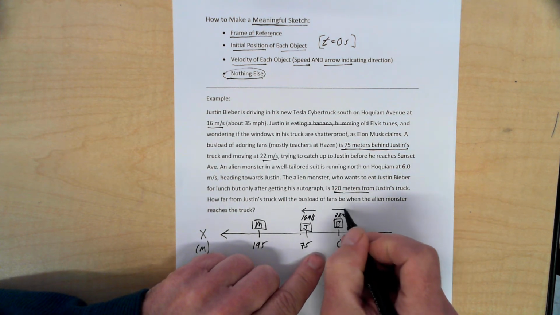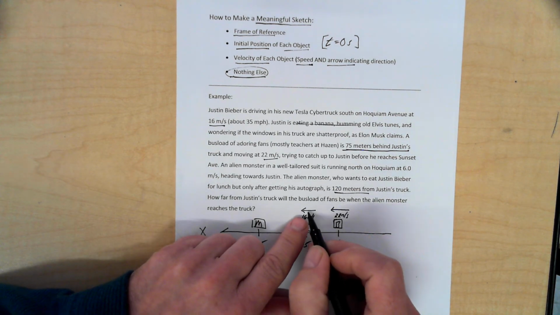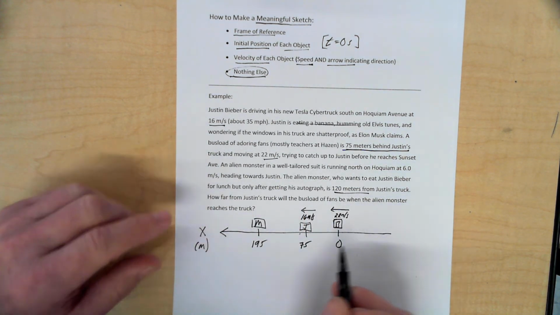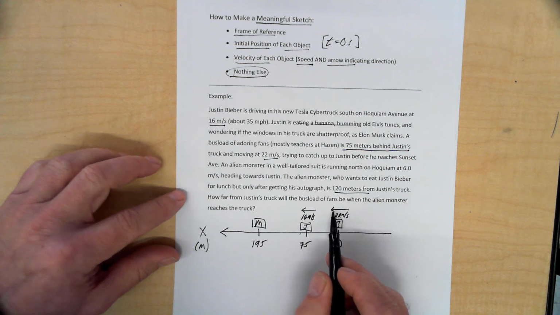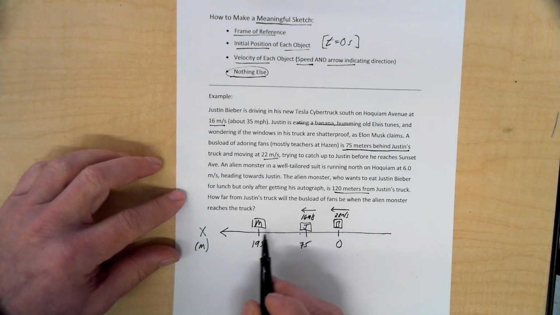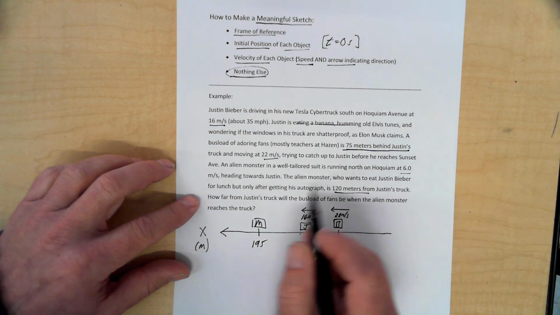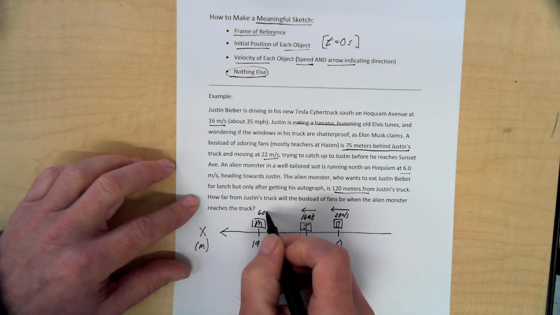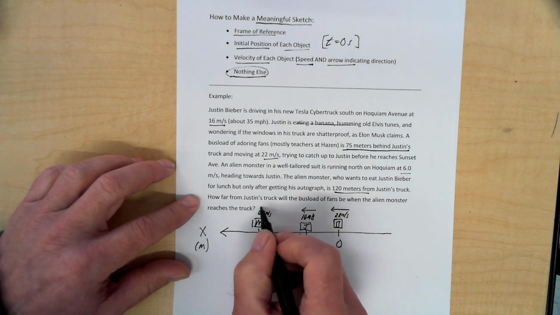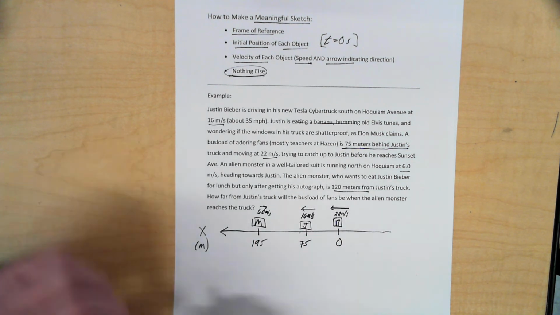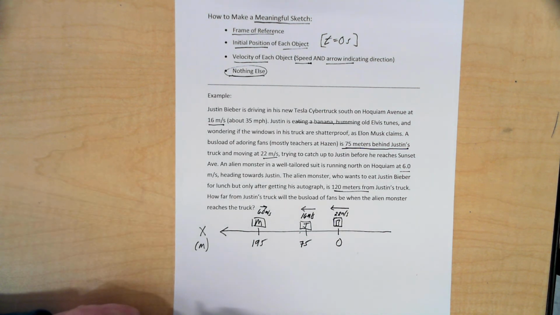So I might even make that arrow a little bit longer because these really would be velocity vectors. It's not that important, but I like to make the arrows a little bit longer if they're going a little bit faster. And now the monster is going 6 meters per second and going this way, so I'll make that a shorter arrow. That's our meaningful sketch.